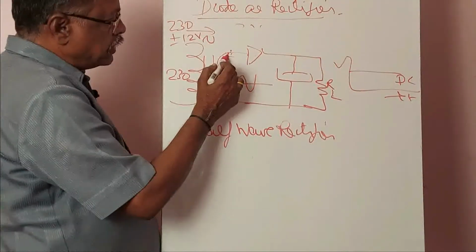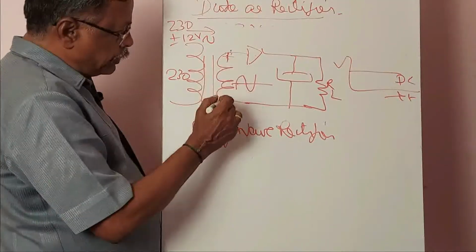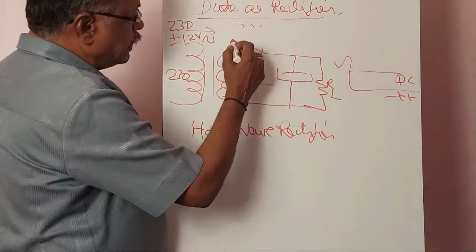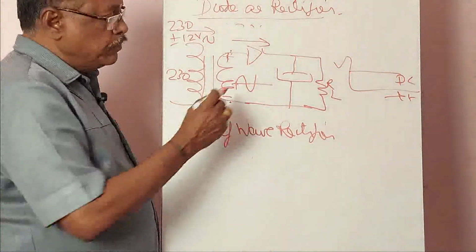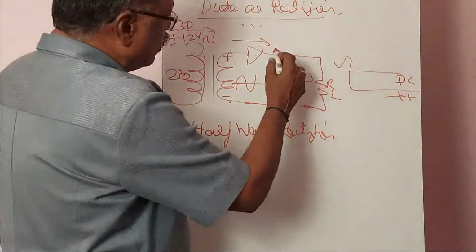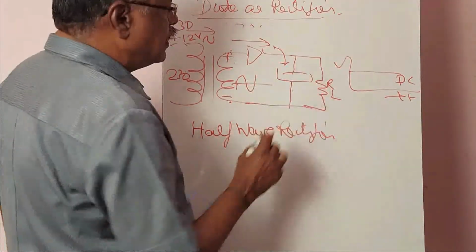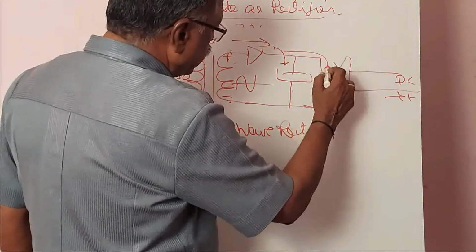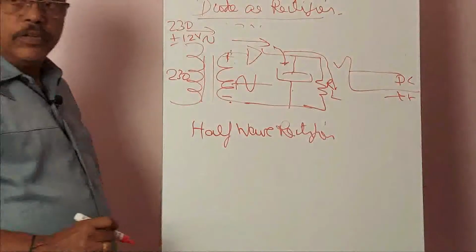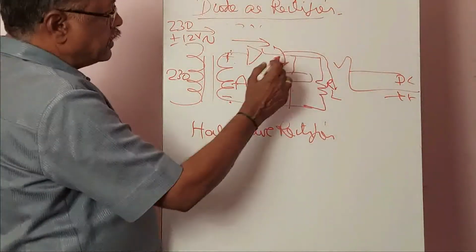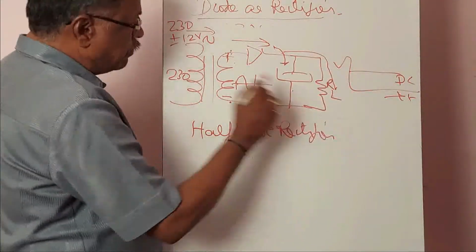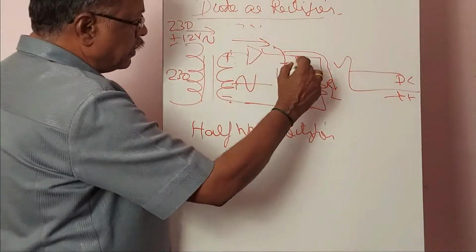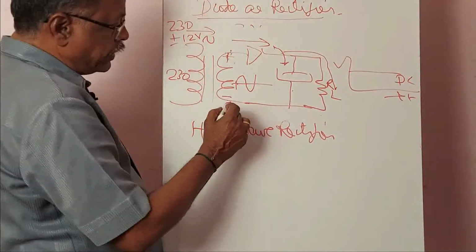Therefore, when this terminal is positive, the alternating current of the first half cycle will drive a current through this diode because of the low resistance, and it will charge this filter capacitor and also pass a current through the resistive load. Therefore, the current direction is going to be the same for the first half cycle. The positive will drive a current through the load and come back to the negative.